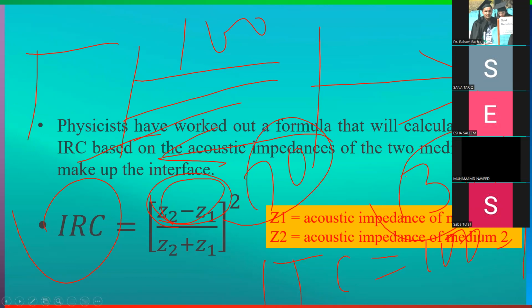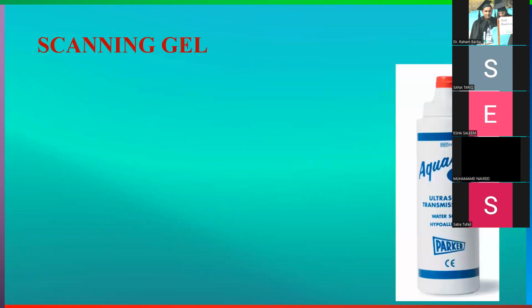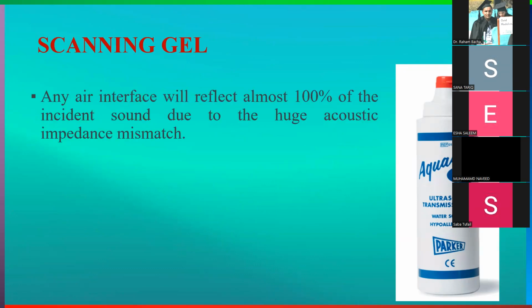So now a question arises, why are we using acoustic gel? We are using acoustic gel because a strong interface is formed while placing the transducer on the skin. There is a huge acoustic impedance mismatch between the skin and the transducer crystal, right? You know that the acoustic impedance of the soft tissue is 1.63 and the acoustic impedance of the transducer crystal is 29.